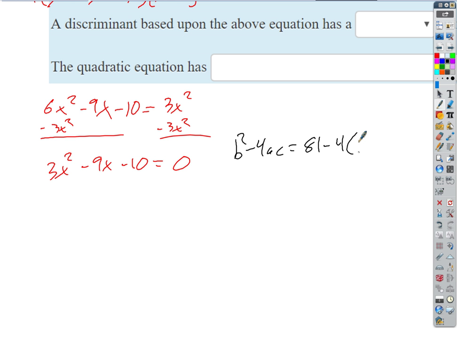Minus 4 times 3 times negative 10, without even thinking about it, what's the sign? How come? Because the negatives cancel out. Negative times negative is positive, right? I'm subtracting a negative, so I don't even have to worry about it. I know it's positive. So that tells me if that's positive, I get 2 reals, right? No big. Okay, so that's the discriminant stuff.